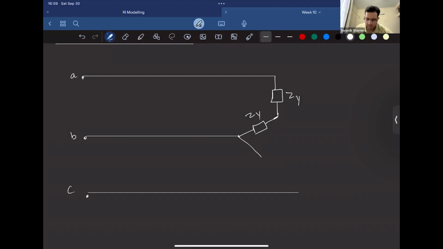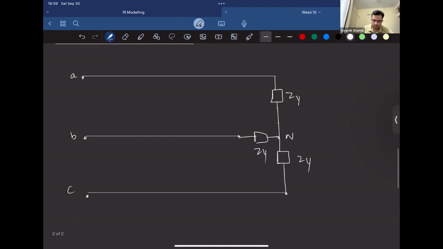I should have drawn it simply. Let's try it like this. Right, so this is a star connected load, right? So this is the neutral. It's a balanced load, Z, Z, Z, right?